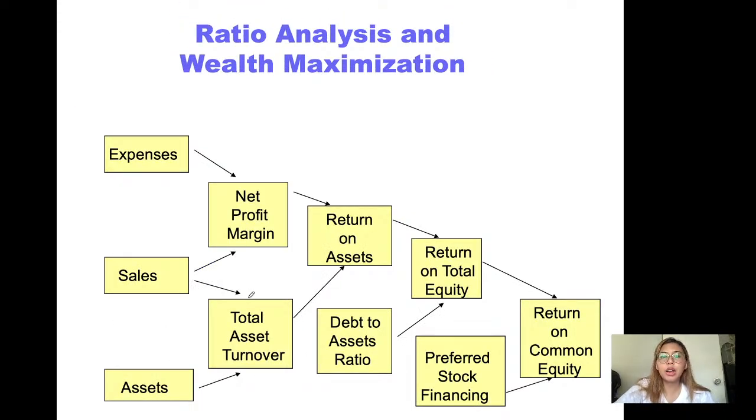So, this is the ratio analysis and wealth maximization. It's good to understand this so you can see the breakdown. So, expense and sales. This is our mother category. If we have expense and sales here, the result is net profit margin.